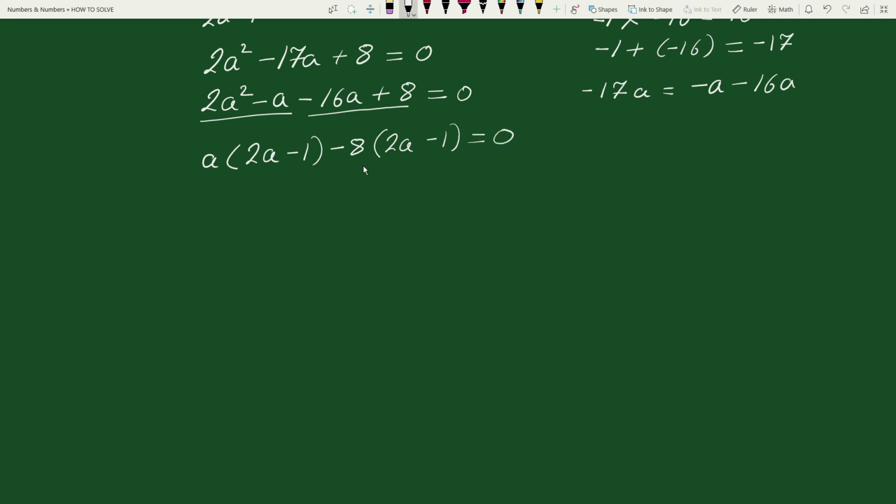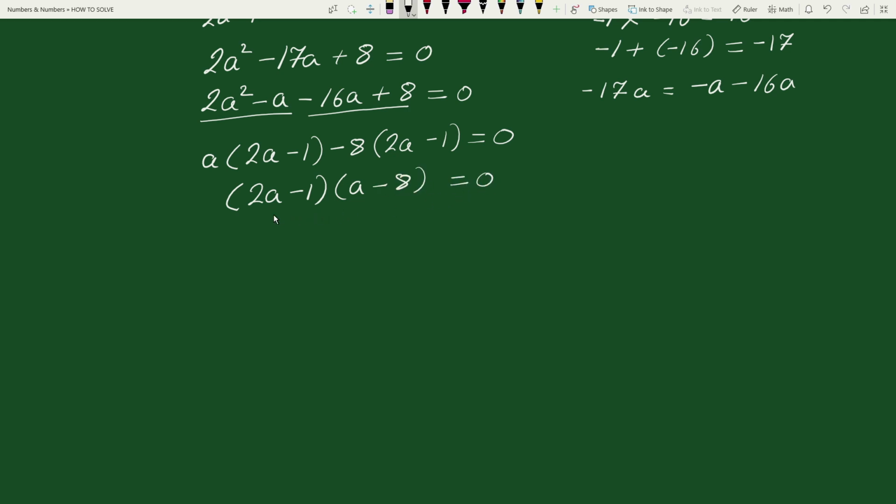Now in these two terms the common factor is 2a minus 1, so taking it out we can write this as 2a minus 1 times a minus 8 equals 0.